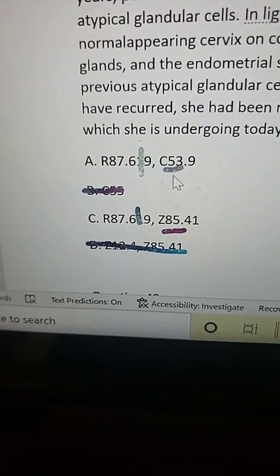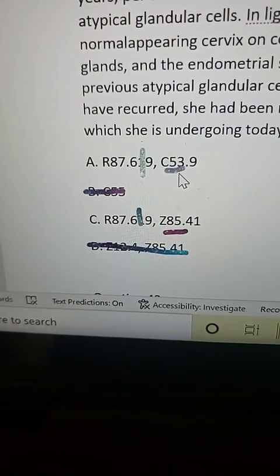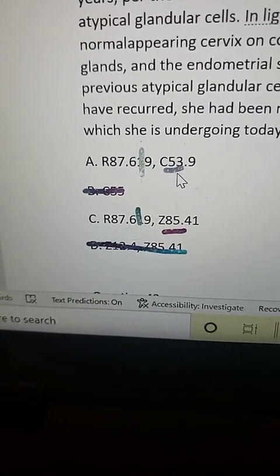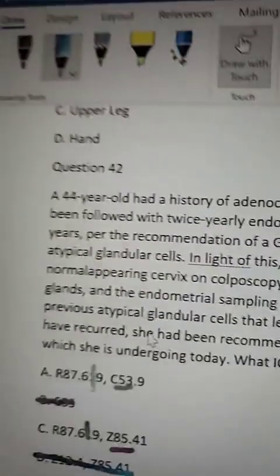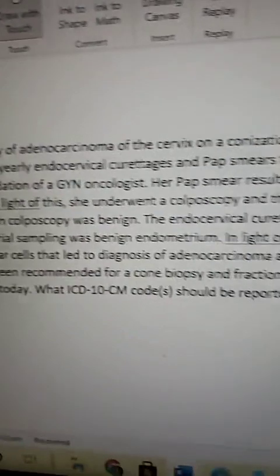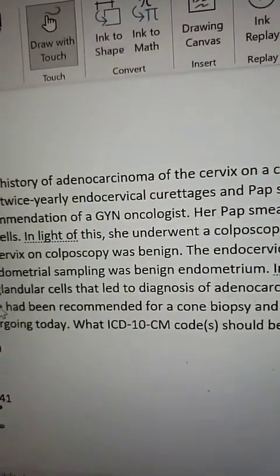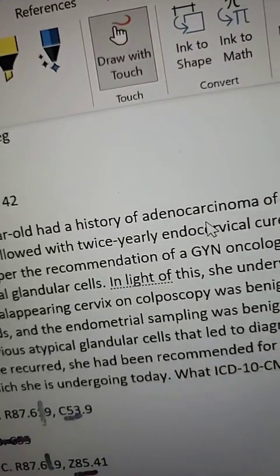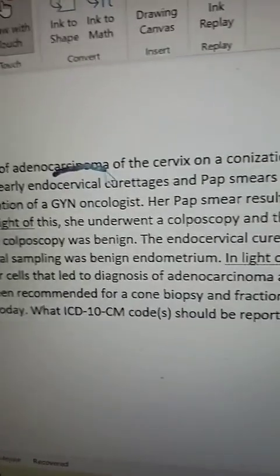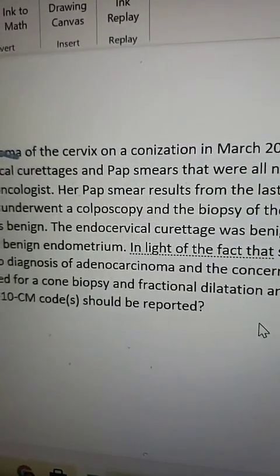And then this is probably what? We're in the cancers, right? Somewhere around in there. So I would just kind of peruse the question real quick just to see what we're doing. And it does look like she does have some sort of cancer cells going on of her cervix.